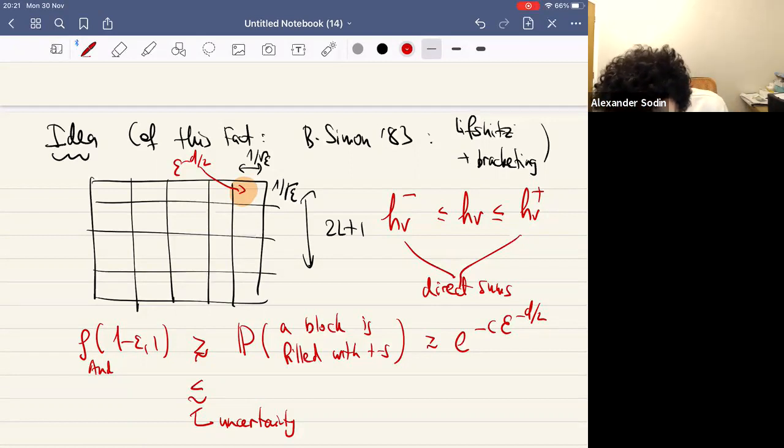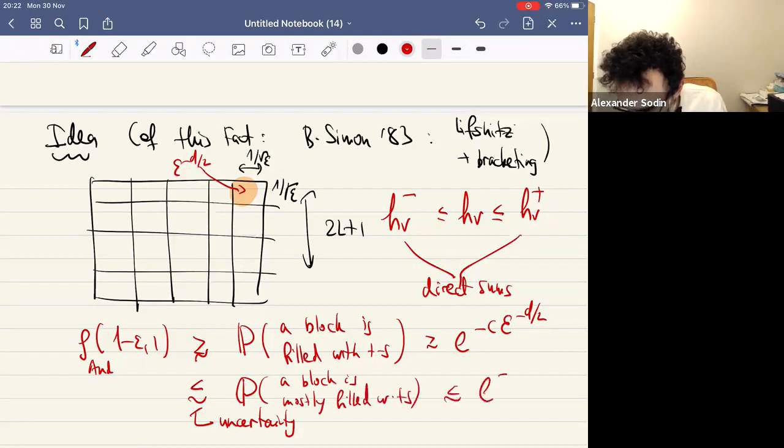And so there's a similar upper bound: a block is mostly filled with pluses, and this has the same bound with a different constant.